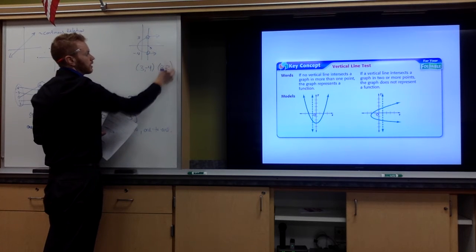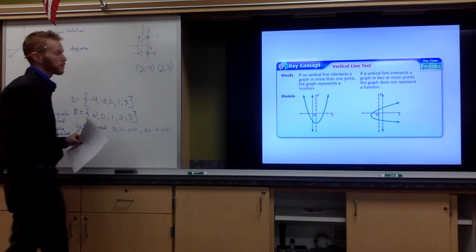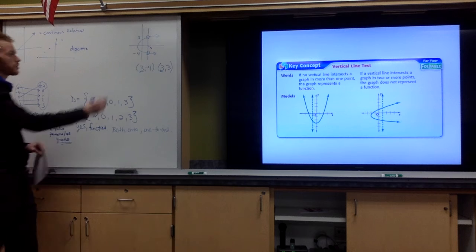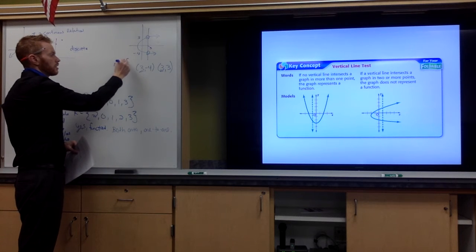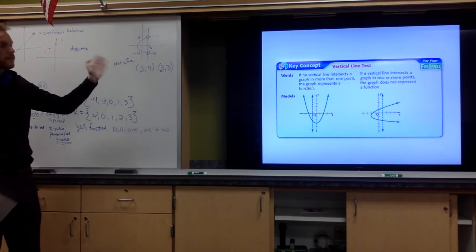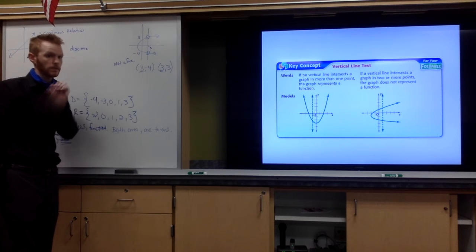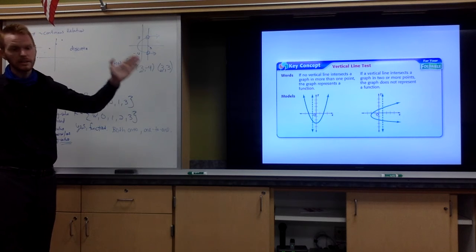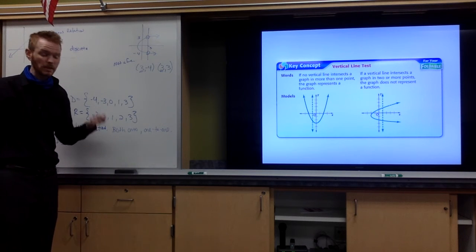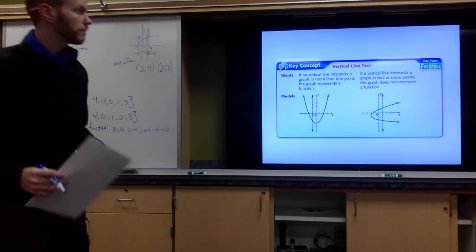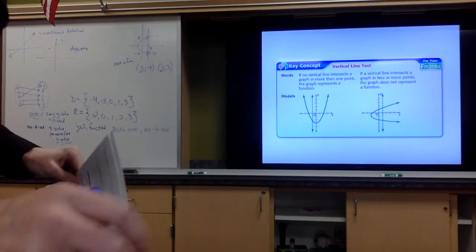Notice the input 3 gives me two different output values, so this is not a function because of that. That's why the vertical line test tells us if it's a function or not. It's because we're looking at the coordinate points, but that's an easier way of doing it. So if they give you a graph, draw vertical lines. You can tell if it's a function or not.